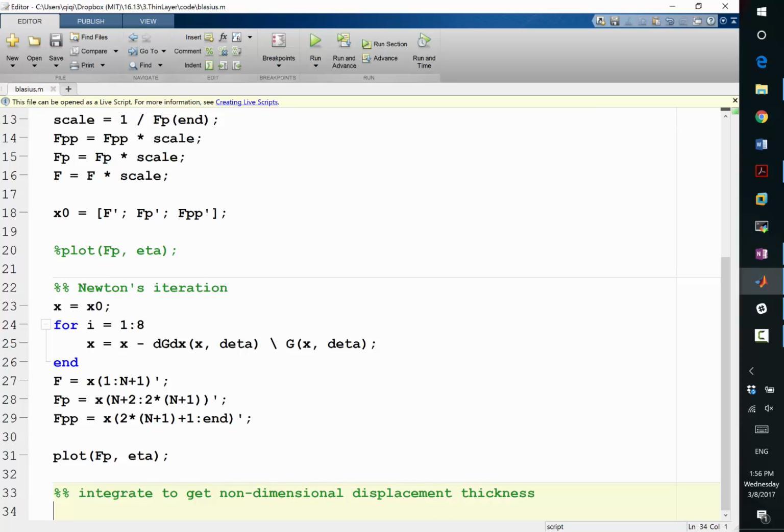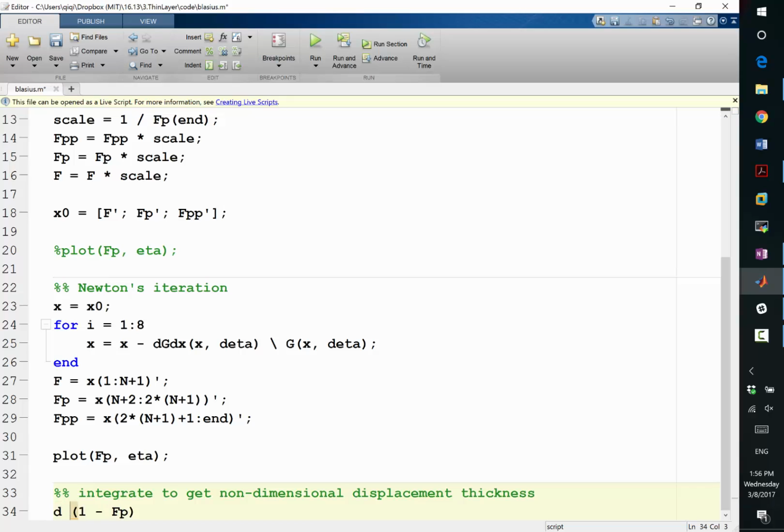So I have my fp, that is my streamwise velocity, already divided by ue. So I have just 1 minus that, which is what we are trying to integrate. And what type of numerical method do we know about numerical integration? Trapezoidal rule.